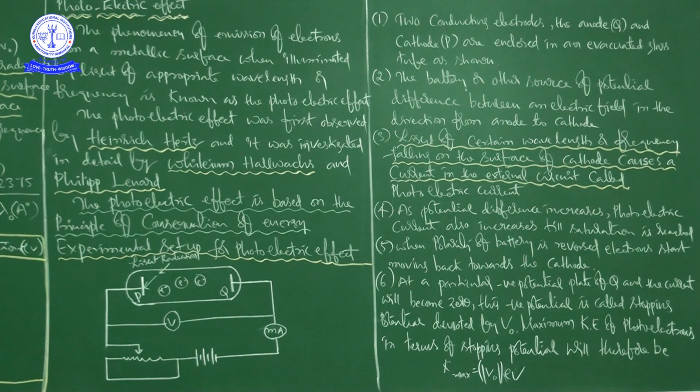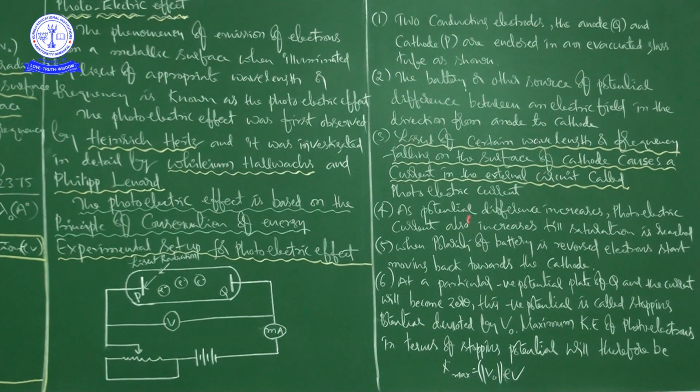So he is giving the direction of the electric field also, from anode to cathode. You can see in this picture what is the battery, what is the anode and what is the cathode.